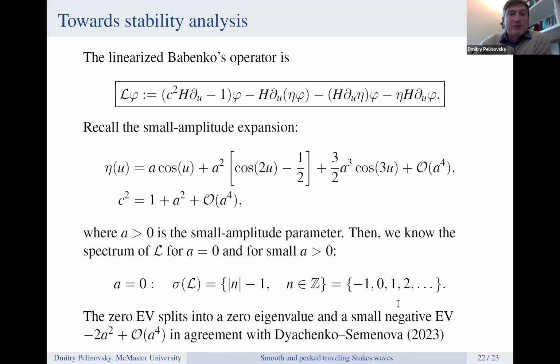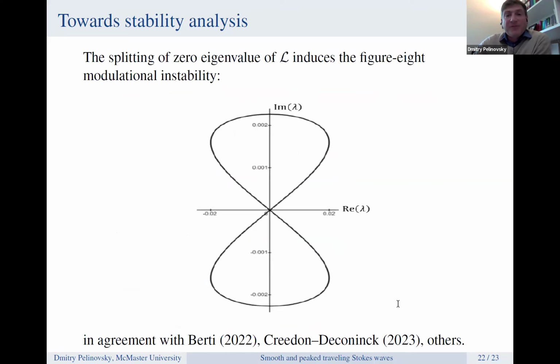So this is also quite good. Figure 8 for modulation of stability: I said that I'm not going to do it, but in fact, it was the first thing which we recovered by using the Babenko equation and this second order time evolution equation, by using exactly the same ideas and expansions.